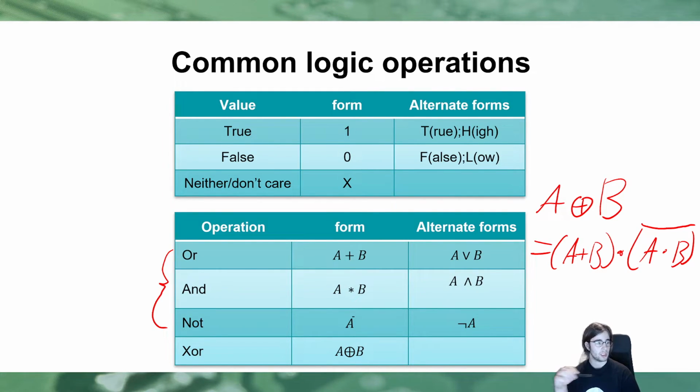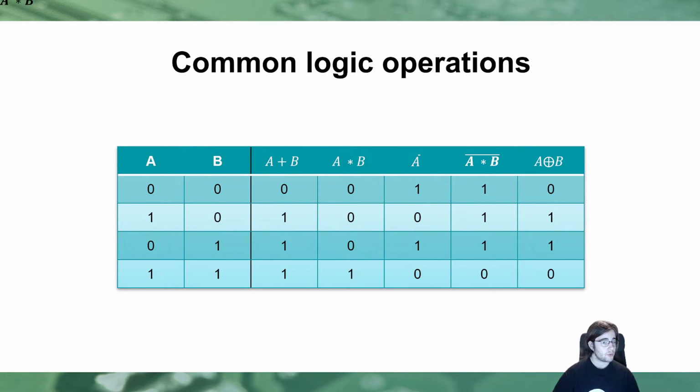Those are the ones we need. With that, we can make any kind of logic statement. We can reform all logic statements that use other operands into these, and it works. Most often in computer science, you just do that, so you have fewer things to worry about and have to make fewer gates, because it's a bit easier. Yeah, that's common logic operations. And we go to the next one.